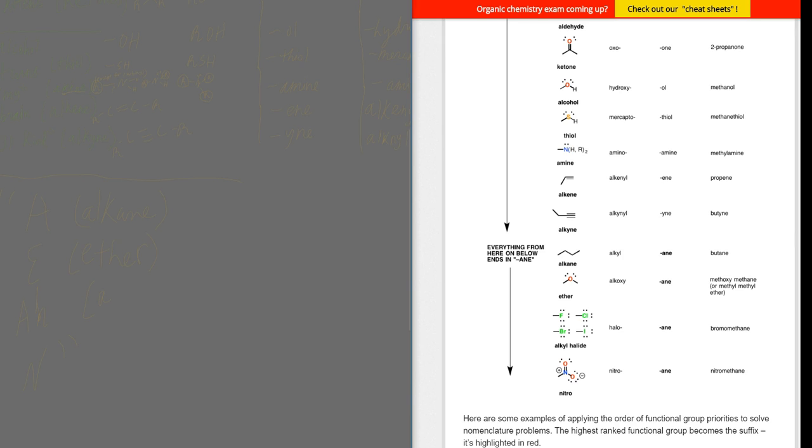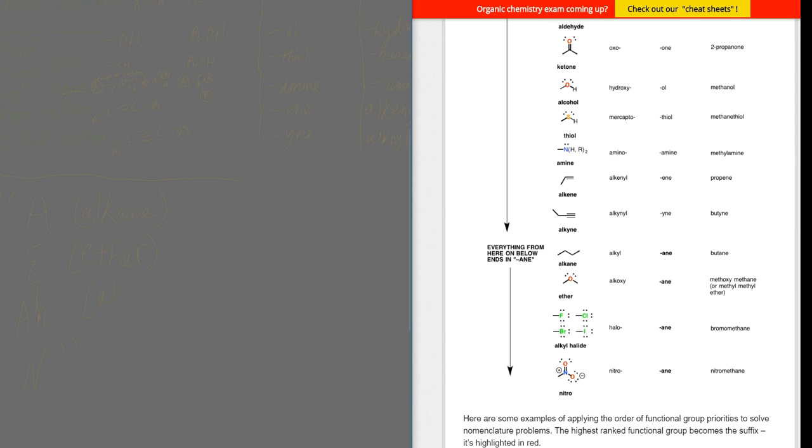So alkyl meaning just some carbon group, except for the carbonyl group, which forms the carboxylic group, but also other things too. If it has a carbonyl group, then it's going to be called something else. In this case, because it's a halide, it would be like acid halide if it had a carboxyl form or carbonyl form.